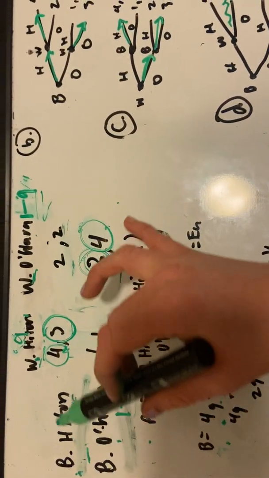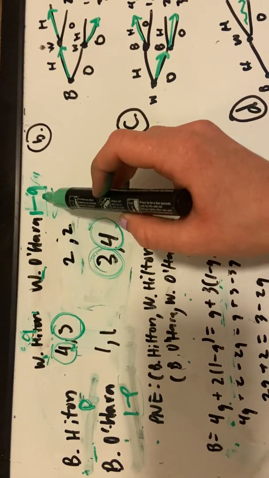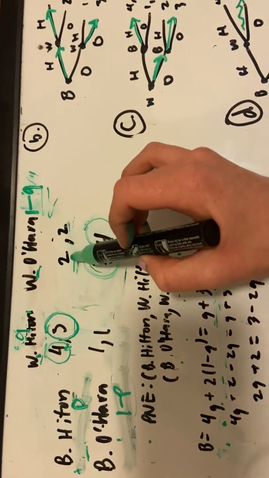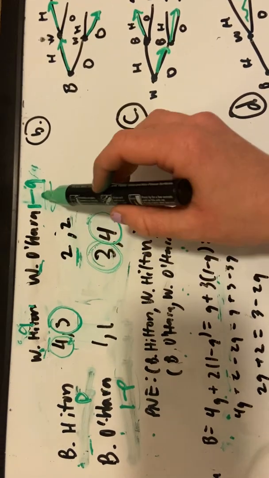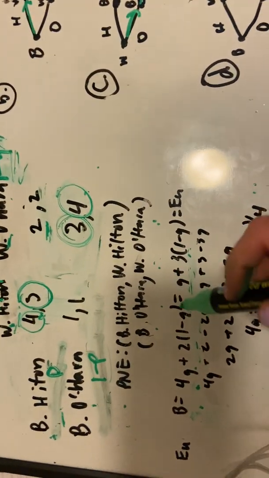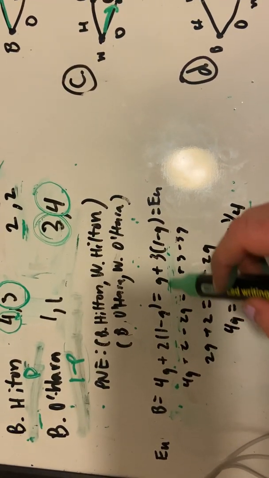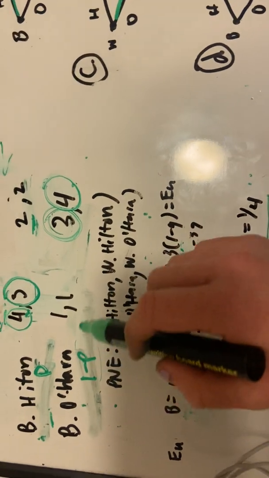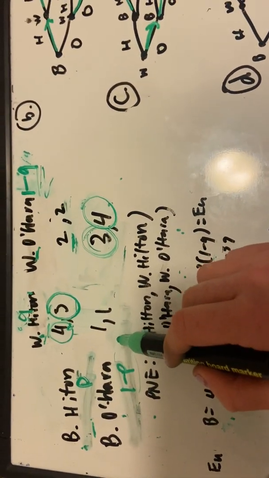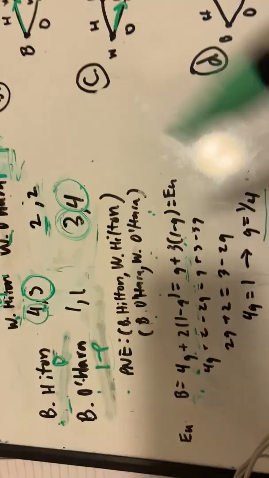When brewery chooses Hilton and winery chooses O'Hara, then that's a 2 for brewery, and then 1 minus Q represents winery's decision. So then that's 2 times 1 minus Q. And then you set that equal to brewery's second choice. So 1 times Q and 3 times 1 minus Q.